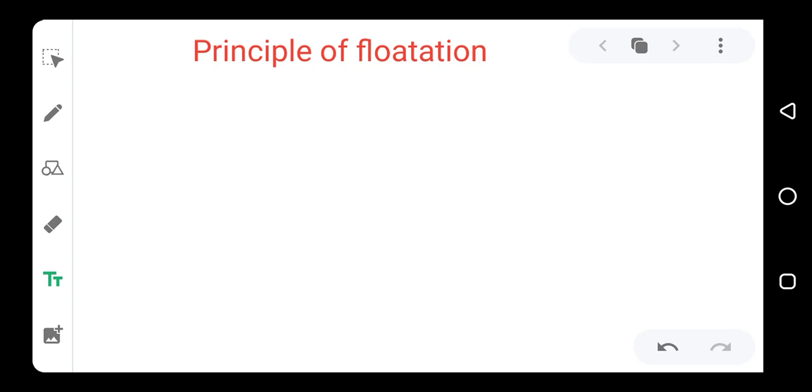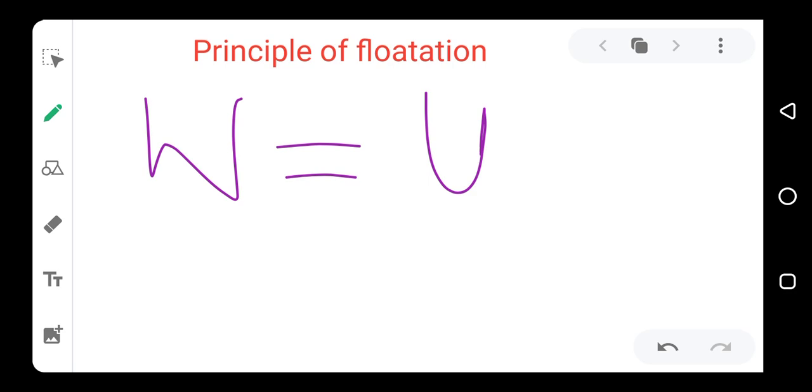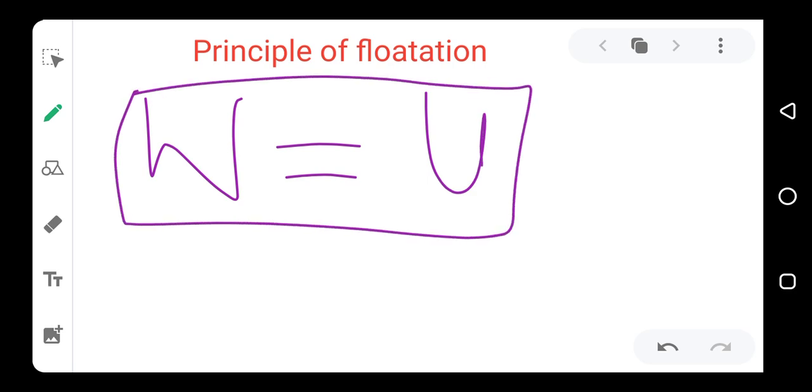If we call the weight of the object W, this must be equal to the upthrust U. So this is the principle of flotation. The weight and the upthrust must always be equal for an object to float.